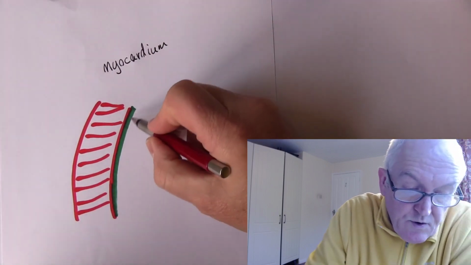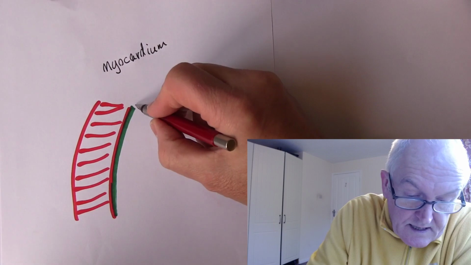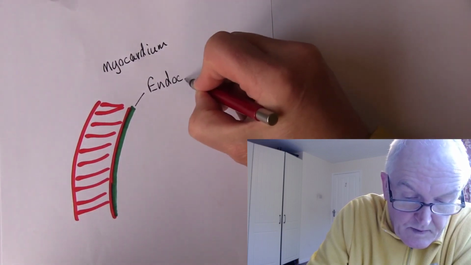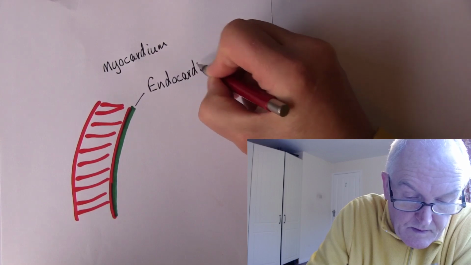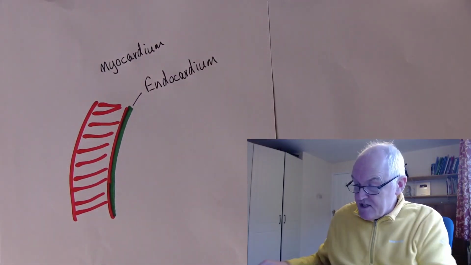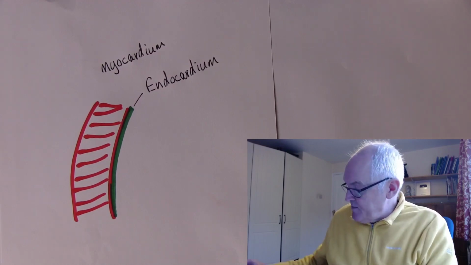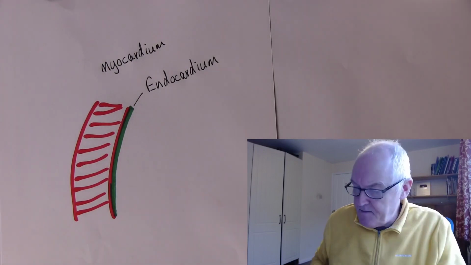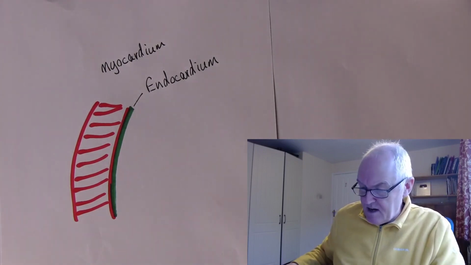This nice smooth layer here is the endocardium. Good. But round about the outside we have the pericardium. Now the thing about the pericardium is it's in layers. So there's layers of pericardium.